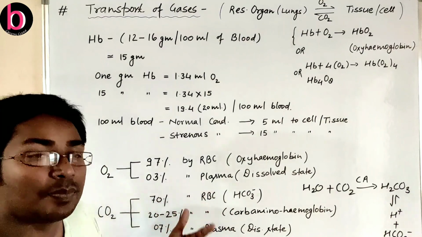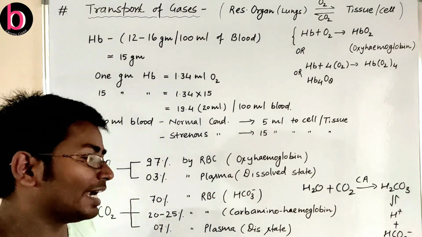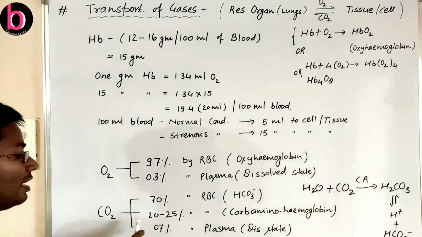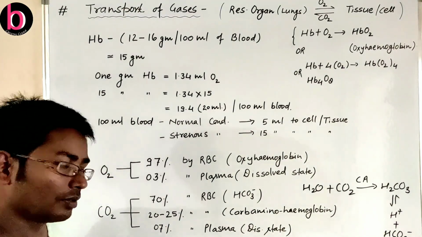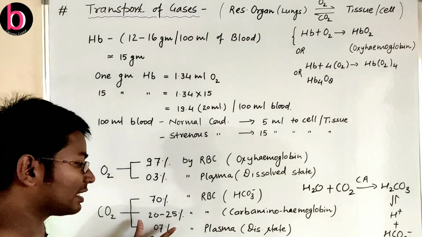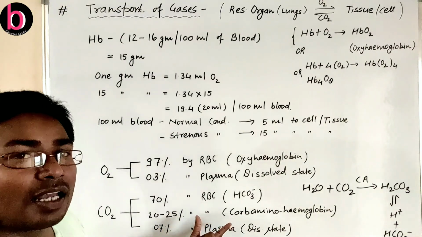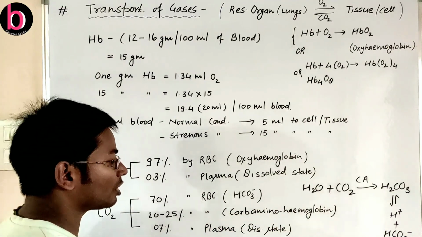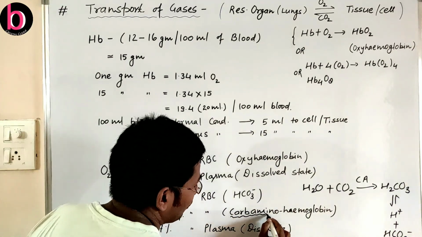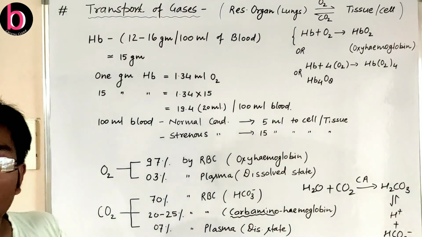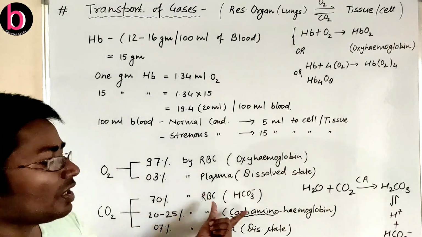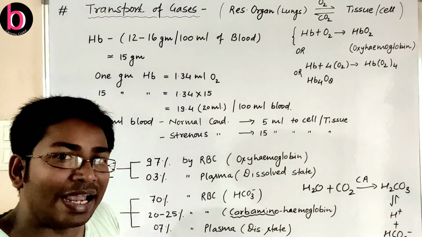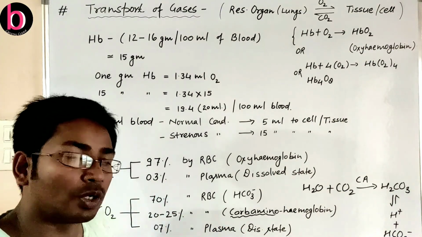So 70% of carbon dioxide is transported in form of bicarbonate ion, while 20 to 25%, we can say 23% roughly, is transported by RBCs along with their hemoglobin, and this will form carbaminohemoglobin. Why carbaminohemoglobin? Because here the carbon dioxide is associated with the amino group of globin protein.